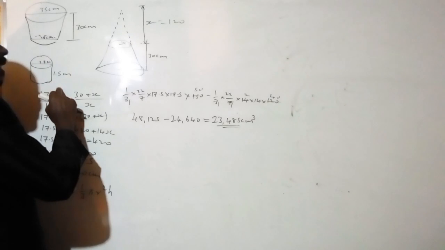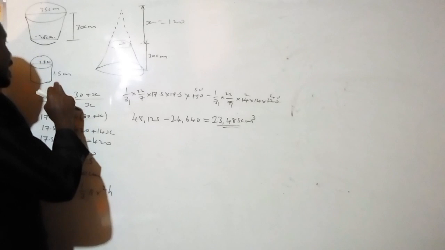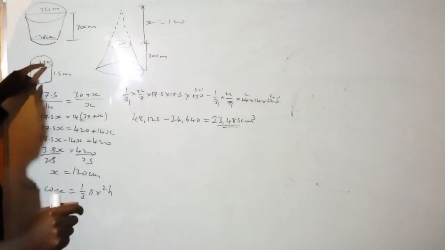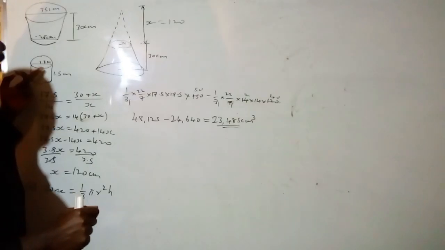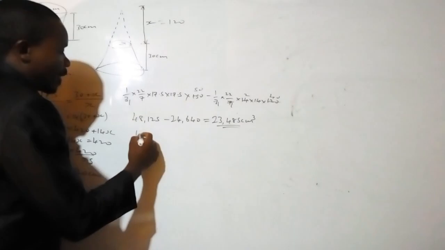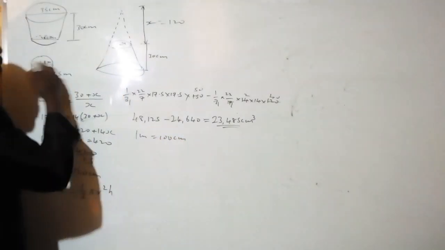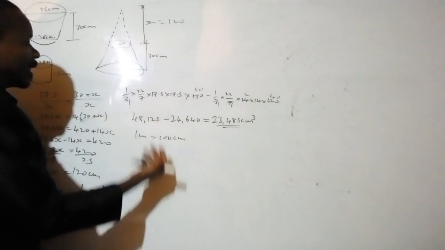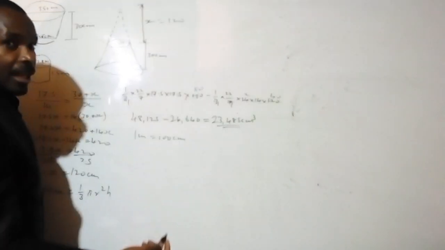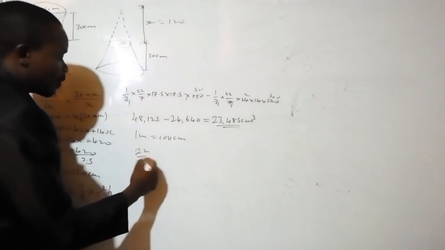First of all, you can get the volume of this tank in centimeters. We are given the dimensions in meters. We can convert them to centimeters, and we know that 1 meter is equal to 100 centimeters. So I will have 2.8 multiplied by 100 to get 280. 1.5 multiplied by 100 is 150. And how do we get the volume of a cylinder? 22/7 pi r squared h.